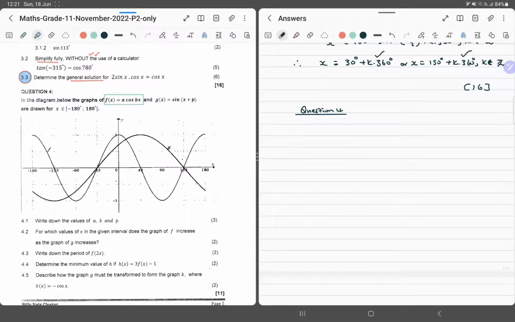But of note, we've got a, which is the coefficient of that function, and then we've got b, which is the coefficient of the angle. So it means things have been done to this one, so we need to check.